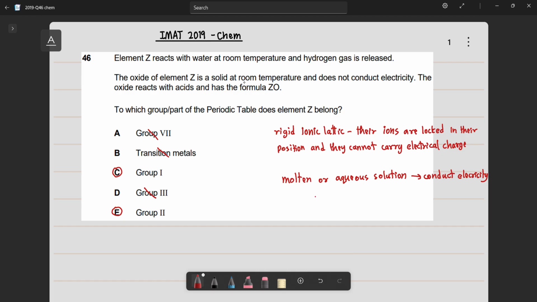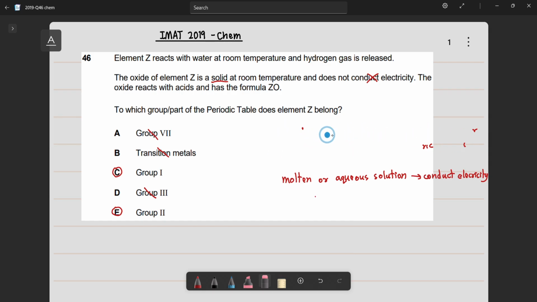Since they said solid at room temperature, we assume they're neither dissolved in water nor molten. So it clearly says solid state, so it does not conduct electricity, and that's true. Now we have new information: the oxide reacts with acids and has the formula ZO. As we also constructed the general chemical equation with water, this is also true.